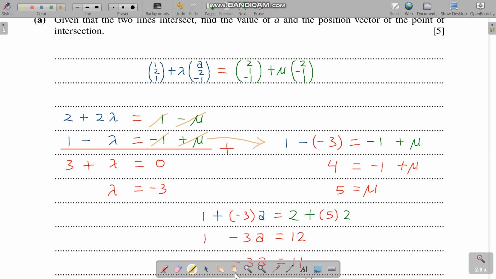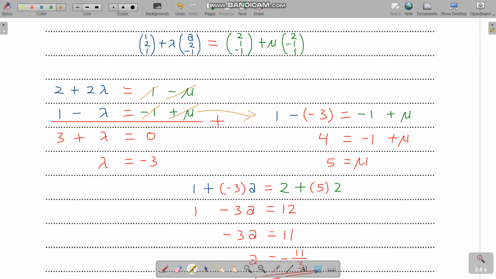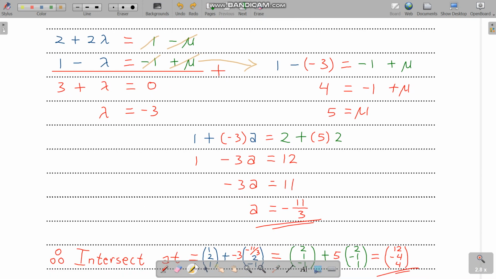Okay, so after we find lambda and mu, we can plug into the third equation using the x component. 1 plus a times lambda equals 2 plus 2 mu, but we already know that lambda is minus 3 and mu is 5. We can find a. So we can just simplify. Here we get 12, subtract 1 from both sides, divide both sides by minus 3, we get the value of a.